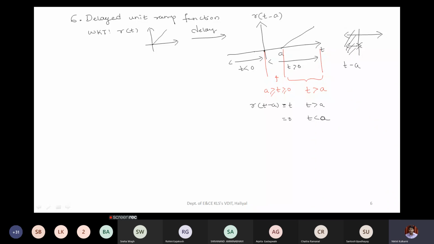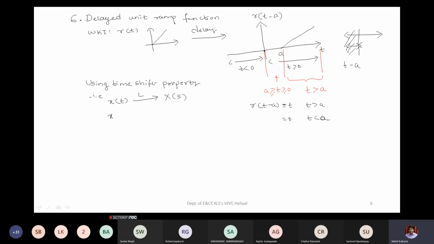Now, in mathematics or in signals and systems, there is a property, which is nothing but the time shift property. Already we know that the Laplace transform of some function x of t will be something like X of s.